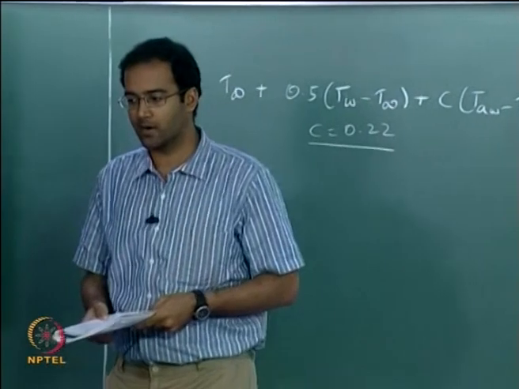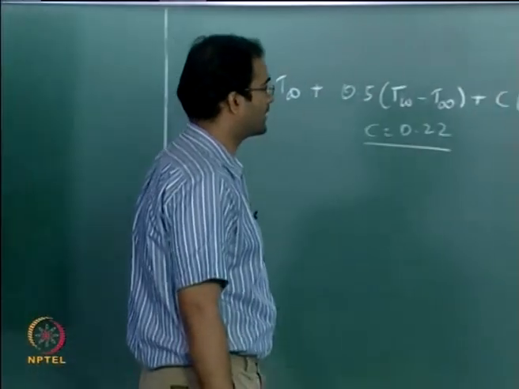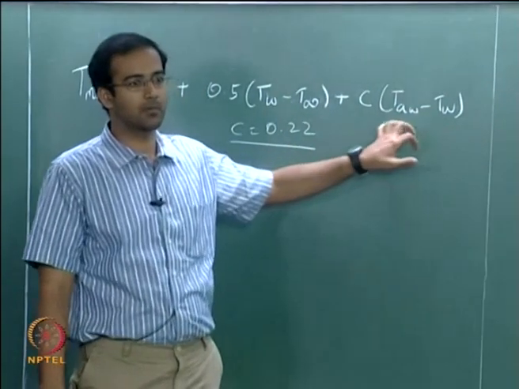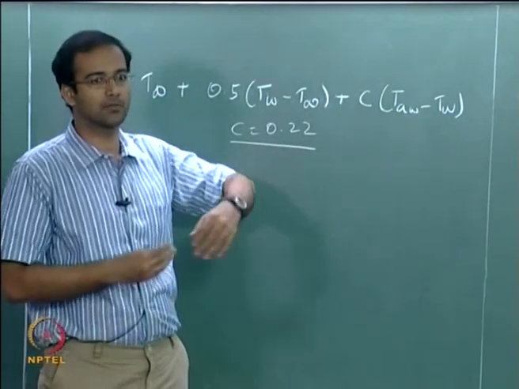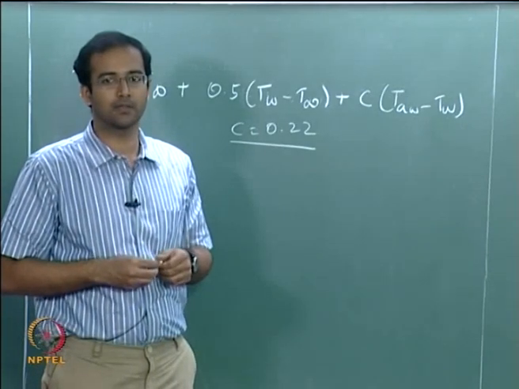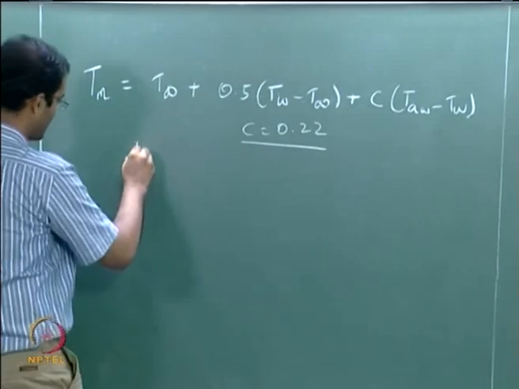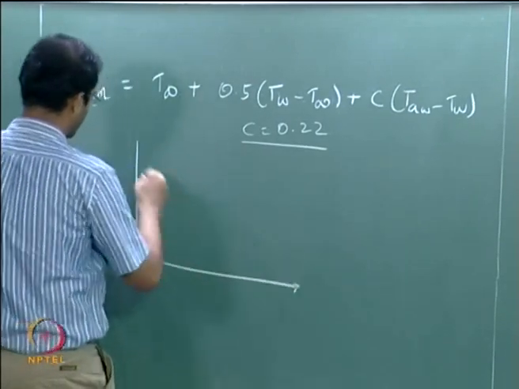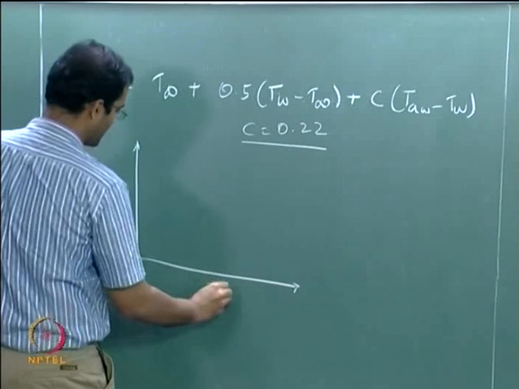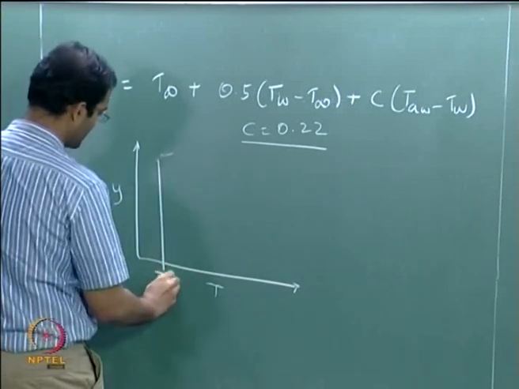Someone has correctly pointed out that since the adiabatic wall temperature is greater than the wall temperature, this has to be positive, so that the mean temperature is increasing rather than decreasing, because now with the use of adiabatic profiles, for example, if you had plotted y versus T, which we had done, this is your T infinity.